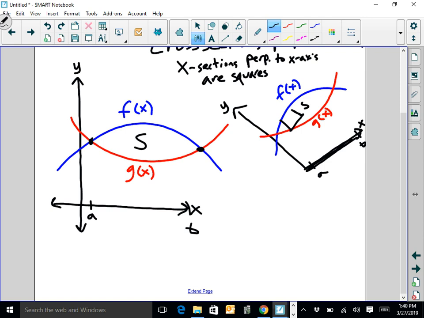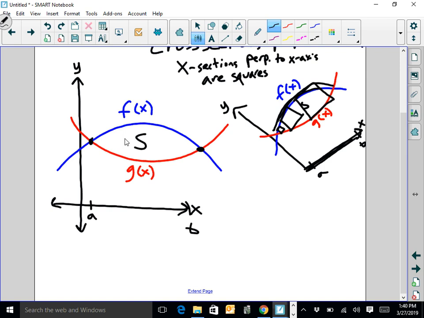Out here, the squares are going to be a little bit bigger. Here, the squares are really small. So we have this three-dimensional shape popping out at us, whose cross sections are all squares, and what we want to do is find the volume of this solid. So imagine these things popping out at you as squares.